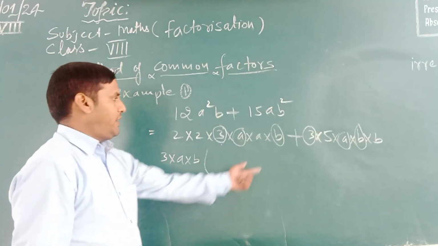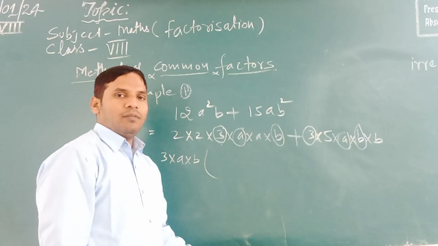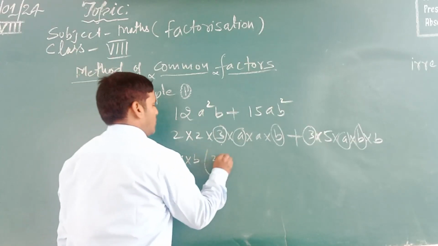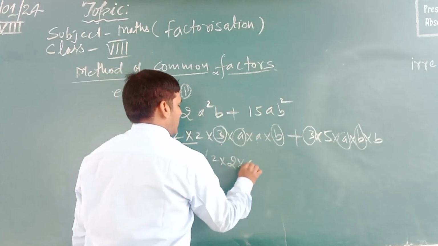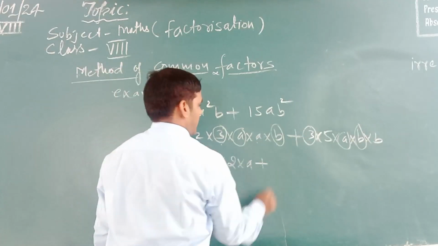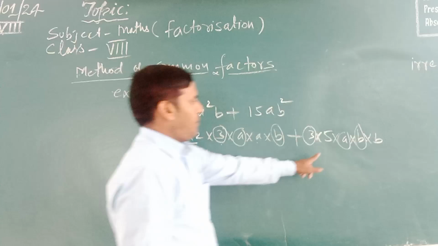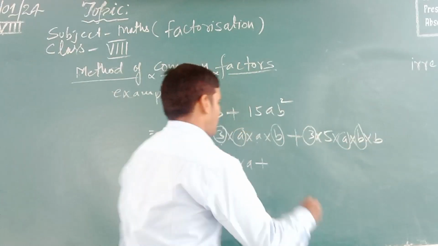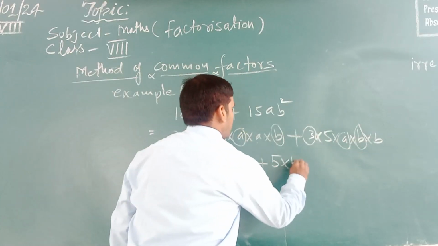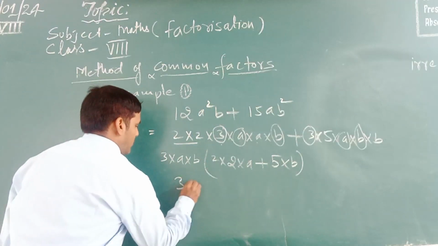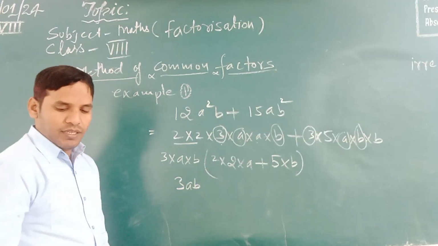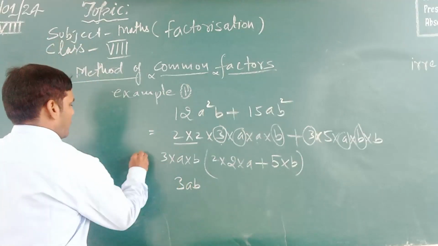Okay. After taking the common, what is the remaining term? You should write it as it is. 2 into 2, this is left, and into a. With the plus sign, you should write plus. Here see, 5 is left and b is left: 5 into b. Right? You should multiply 3ab. 3ab is the factor.